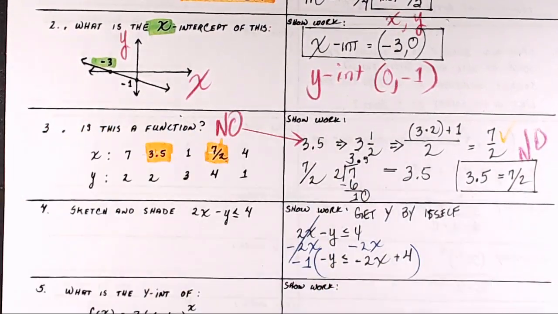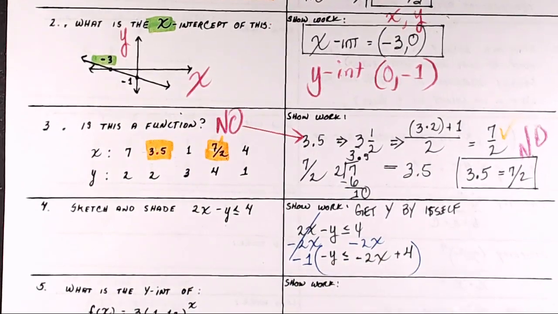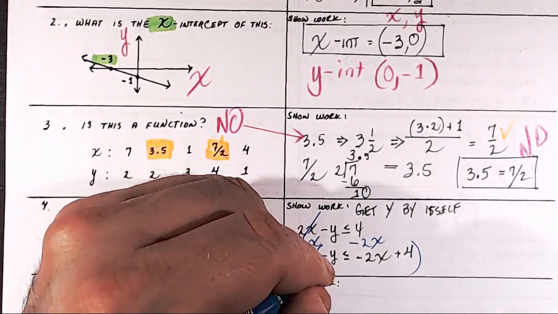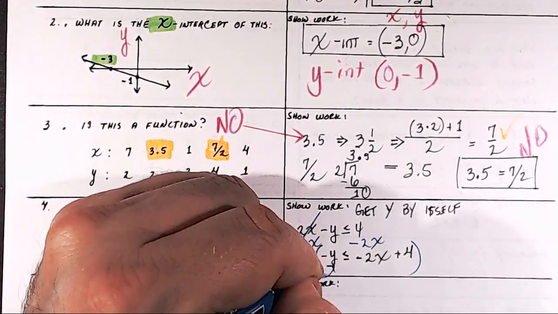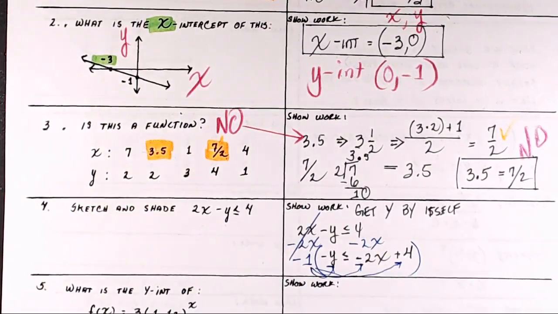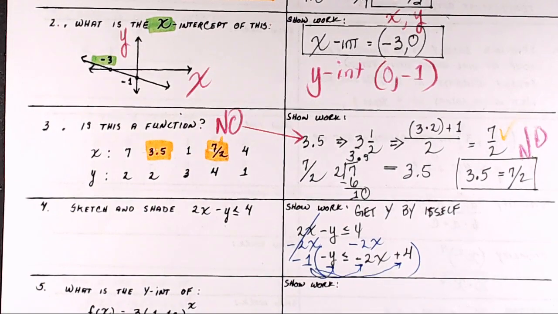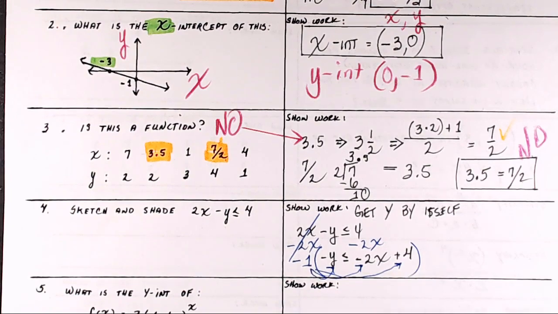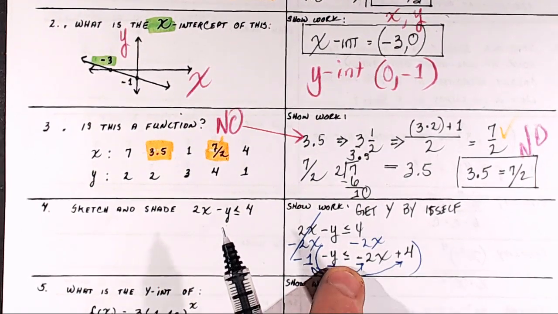So I put everything in parentheses, and effectively what I'm going to do is multiply a negative 1 to every single term inside the parentheses. The practical outcome from doing that is that all the signs change. So instead of negative y, we have y. Negative 2x becomes 2x, plus 4 becomes minus 4. And the sign flips.